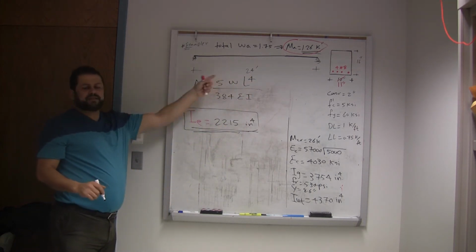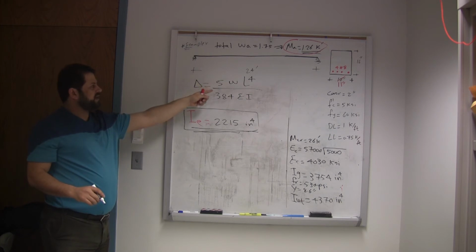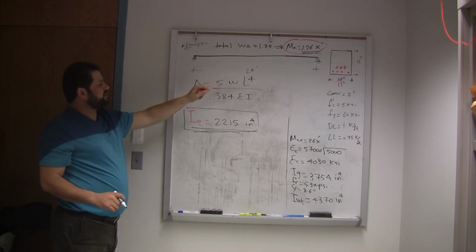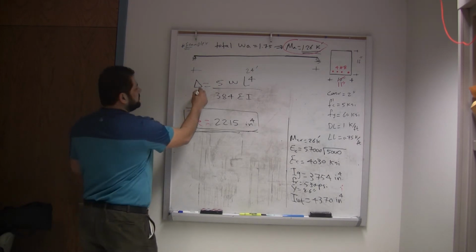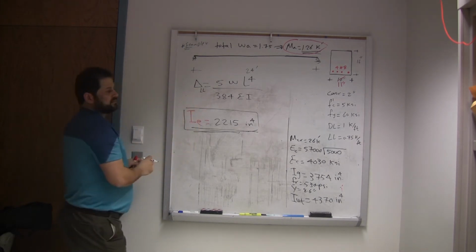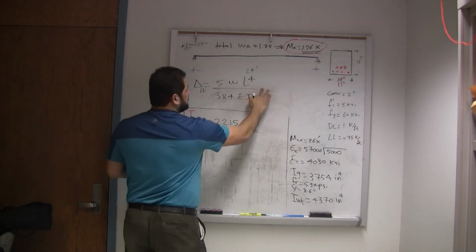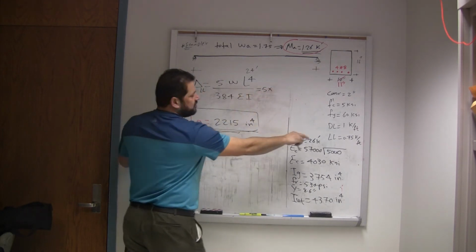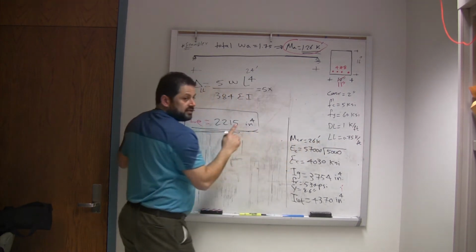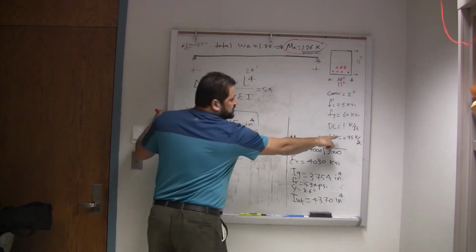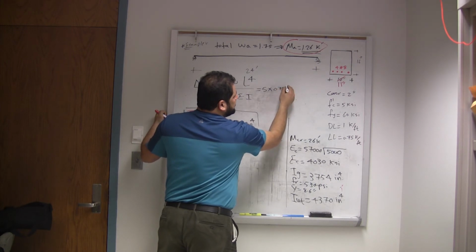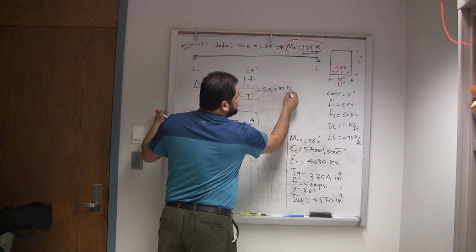However, you just need to pay attention to the units. Look, I'm going to calculate the live load, delta live load, equals 5 times, how much is the live load? The service loads, always when you calculate the deflection, you calculate for service load. It's 0.75, per foot.